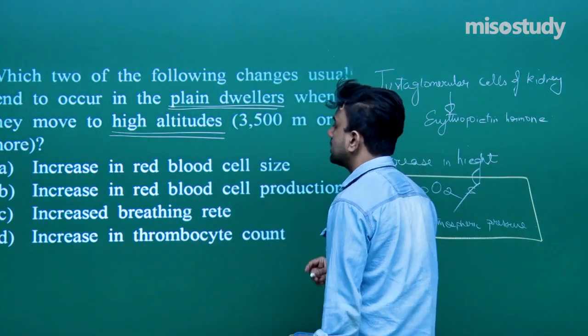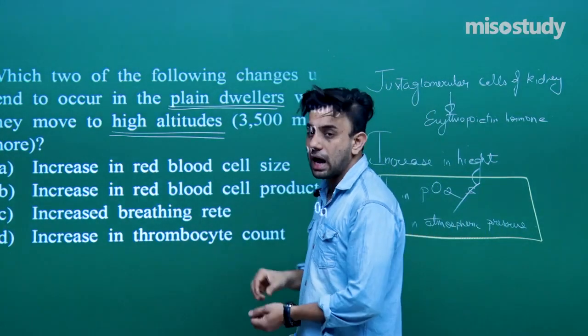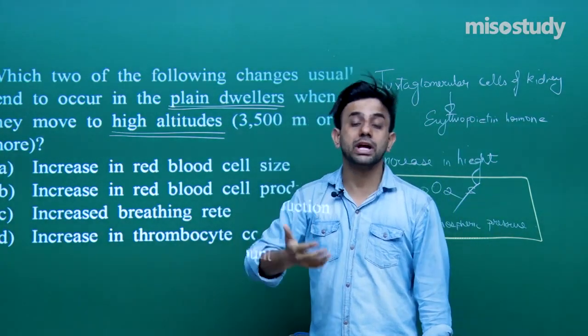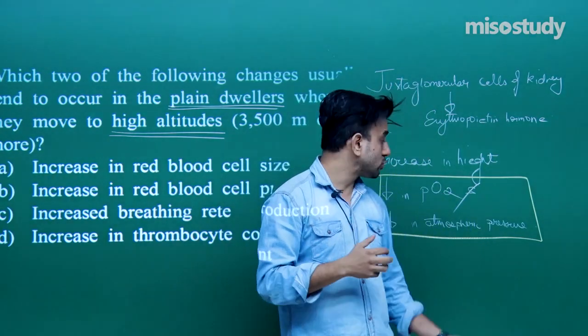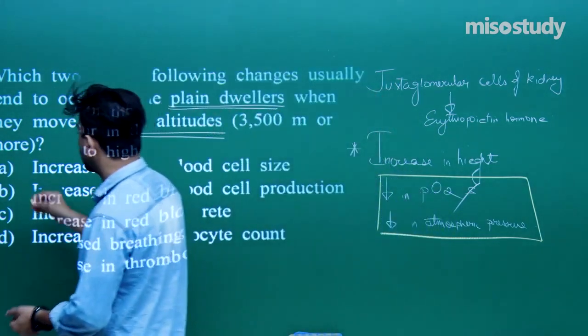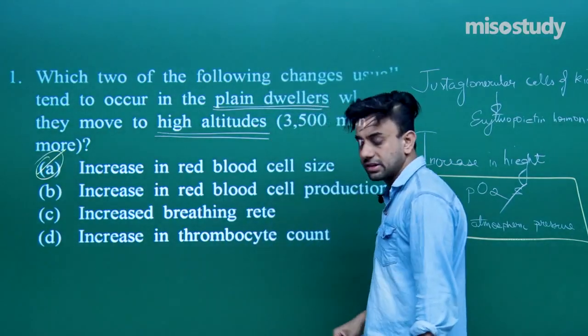And we will also see an increase in red blood cell size, and because of that increase in RBC size, it will be able to take in more oxygen. That will help to counter this decrease in partial pressure of oxygen. So the correct answer would be the increase in the RBC size.